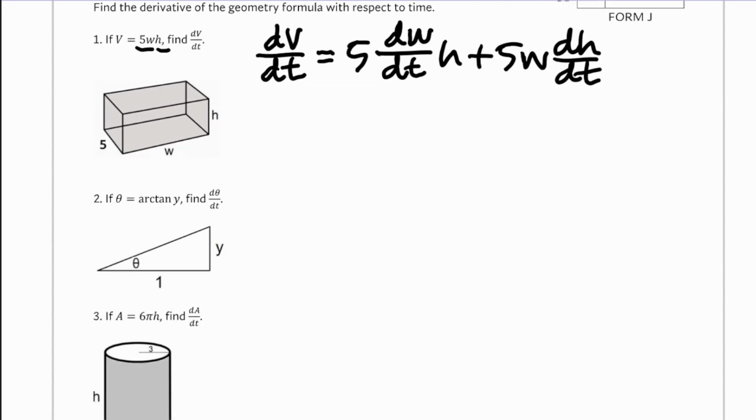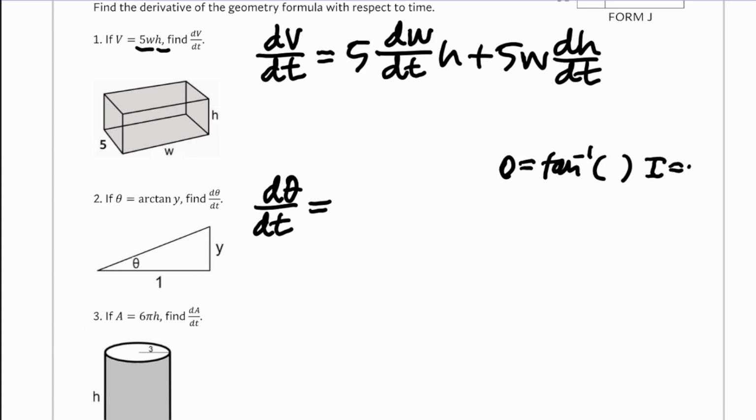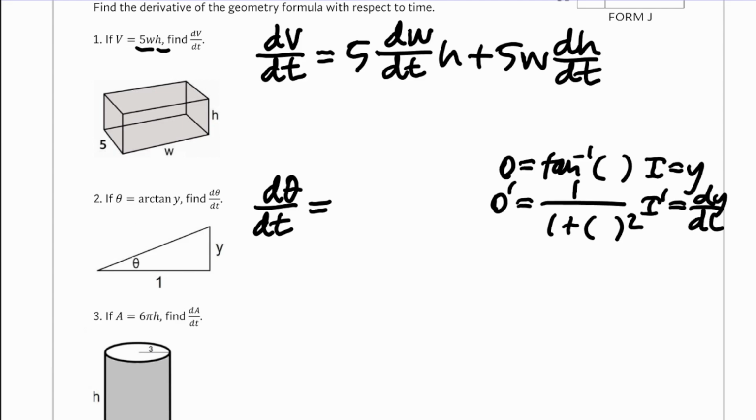Right, if I want to find d theta dt, I need to take the derivative of arctangent of y with respect to time. On the outside, I've got the arctangent, and on the inside, I've got y. The derivative of arctangent of a thing, which we do definitely need to know, is 1 over 1 plus that thing squared. And the derivative of y with respect to time is just going to be dy dt.